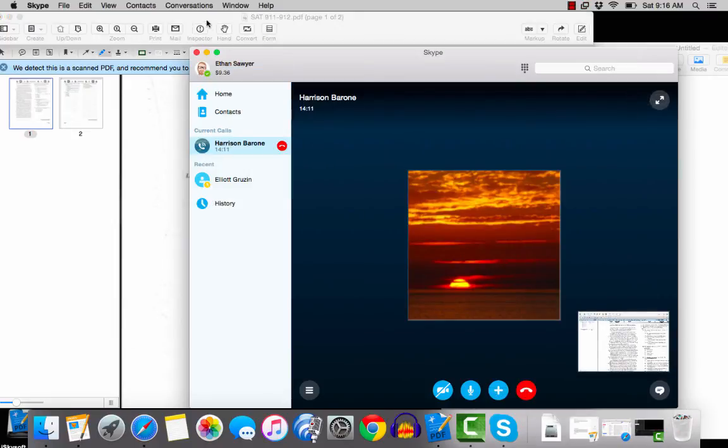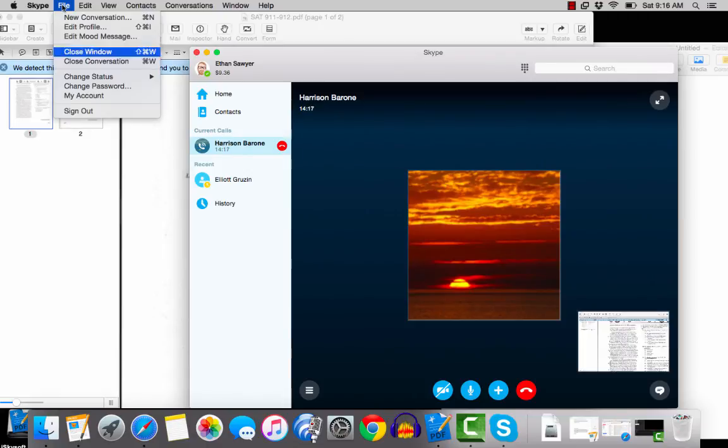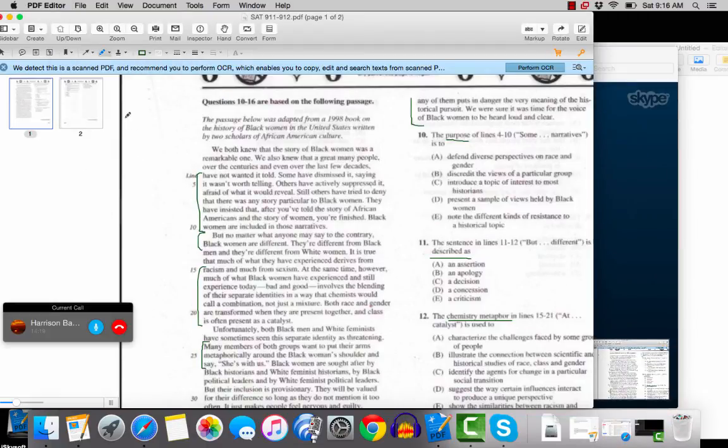So step one, and I'm just going to share a different part of the screen. One second. Actually, I can probably write it right here. Okay. So step one is just mark up the passage.